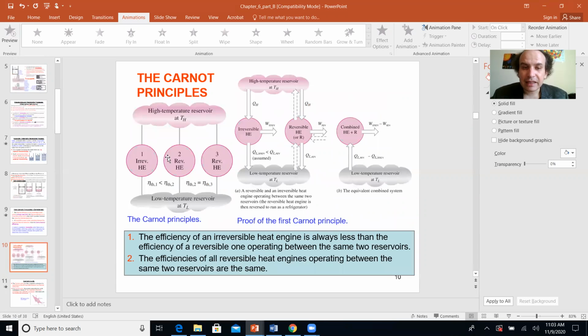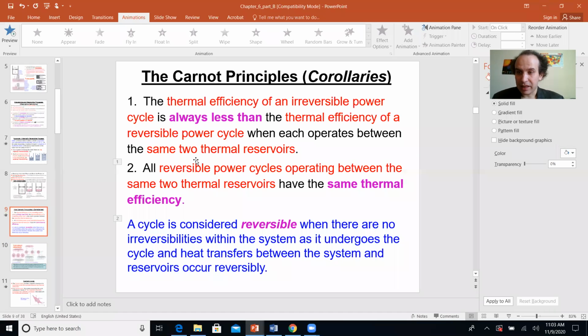We say that all reversible cycles operating between these reservoirs would have the maximal efficiency and the same efficiency. It will depend only on their temperatures. True? And that's one principle. It's the ideal family. And the second principle is that all other cycles operating between these reservoirs will have less efficiency.